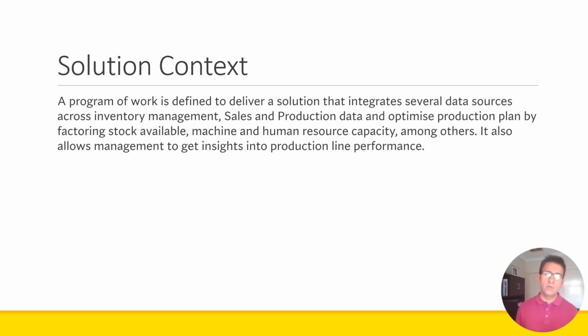We have a program of work that is defined to deliver a solution that integrates several data sources across inventory management, sales, and production, and optimize the production plan by factoring the stock available, like stock quantities that are available to the production line, machine and human resource capacity, among other factors. It also allows management to get insights into production line performance.